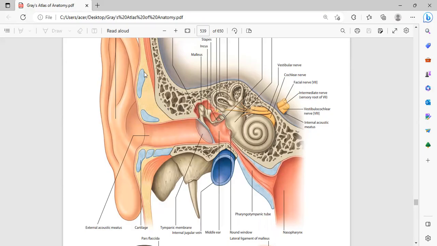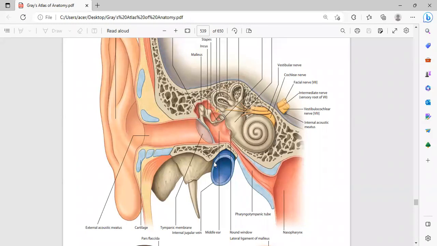So this is the cartilage. The cartilage will form the external third and it will be attached to the bone here, which forms the external auditory meatus. So this is the meatus, cartilage, and inner to that you have the bone.